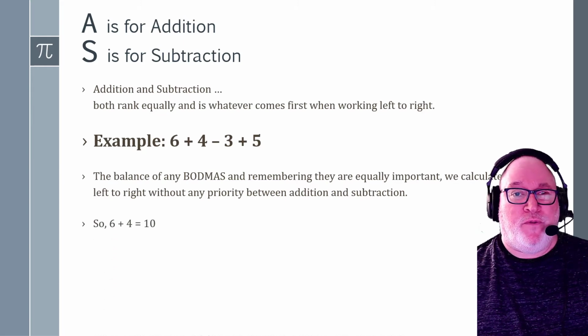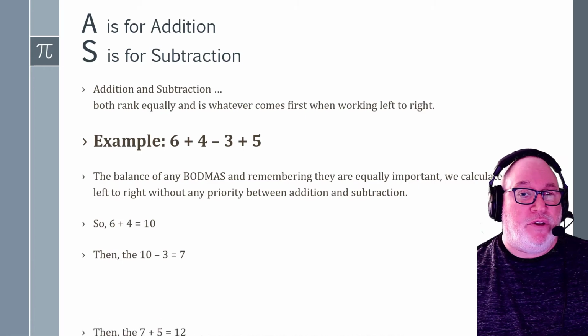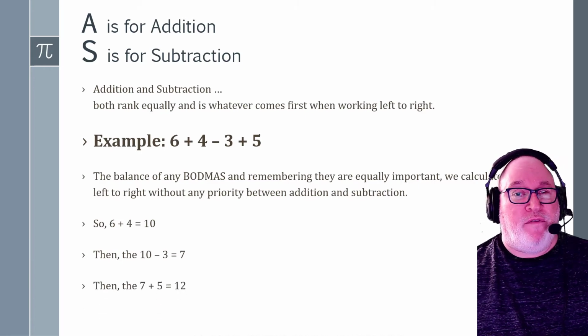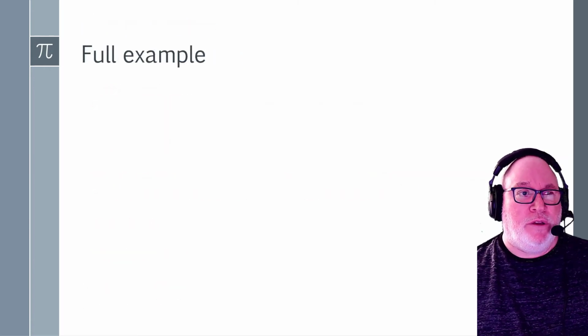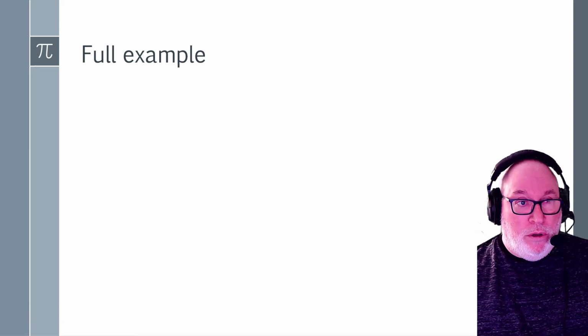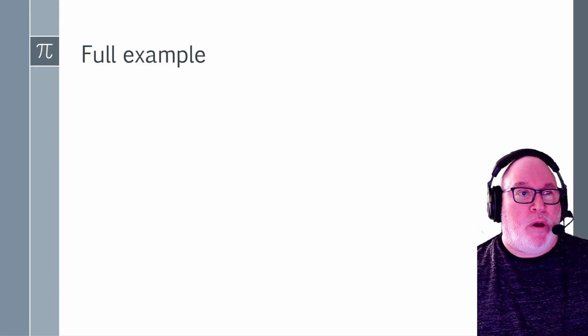So it's 6 plus 4 is 10, 10 minus 3 is 7, and 7 plus 5 is 12.